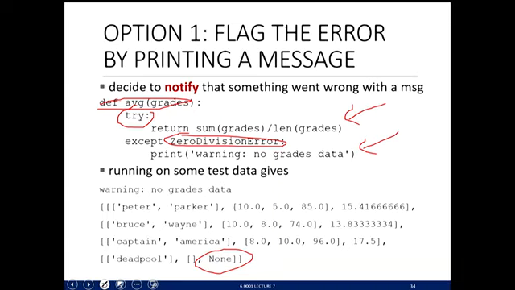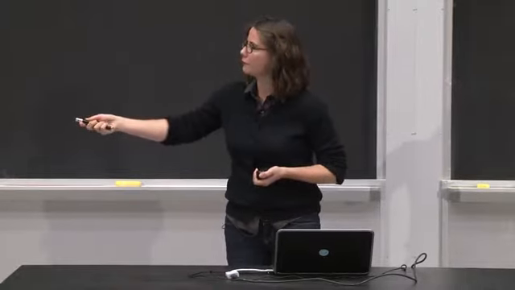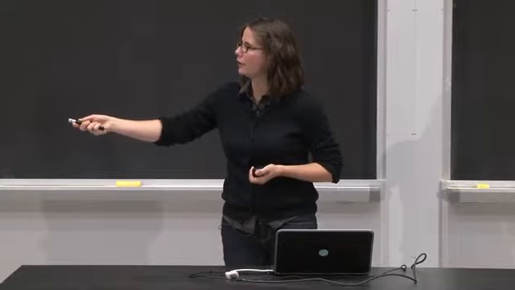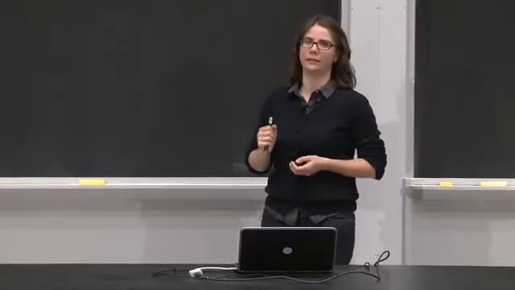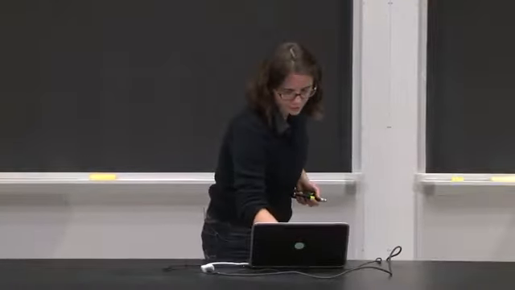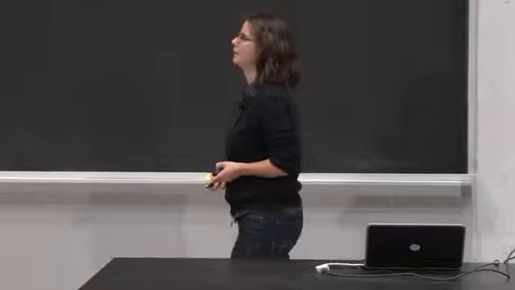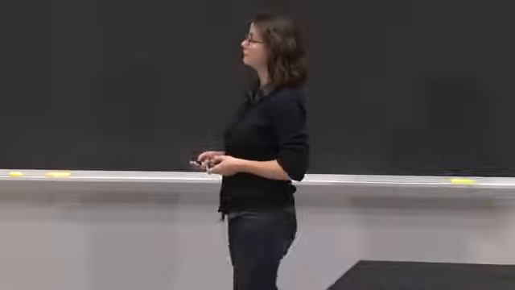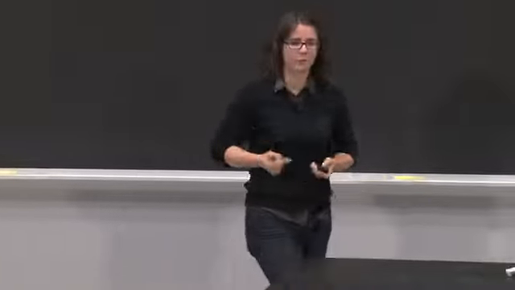So it returns a none. So the average for this person who didn't have any grades associated with them is going to be a none. Okay? So that's our first option, to just flag the error and print a message.